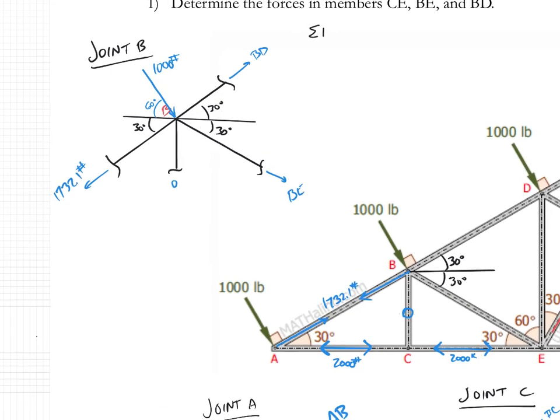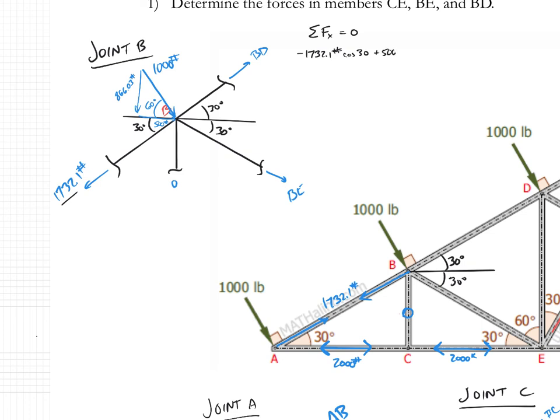Okay, so the sum of the forces in the X equals 0. In the X direction, all of these forces have X direction components. So we'll start with this one: negative 1732.1 pounds times the cosine of 30 degrees. Now remember, with this 1,000, we know this is 866.03, and this one right here is 500. So we can just use that and make our lives a little bit easier.